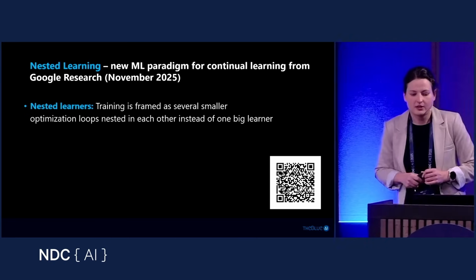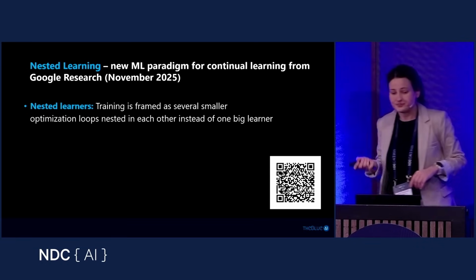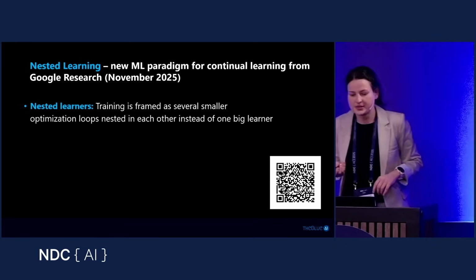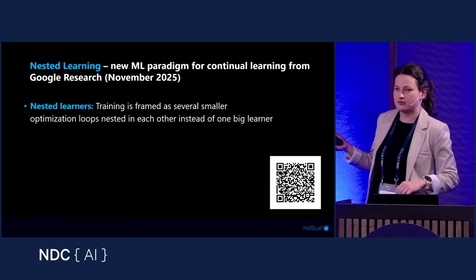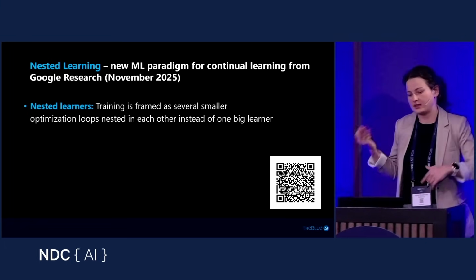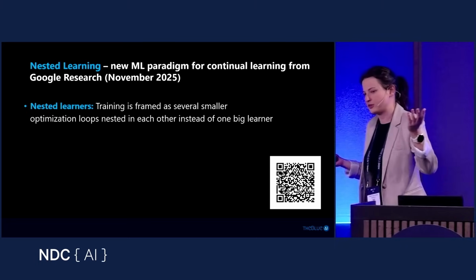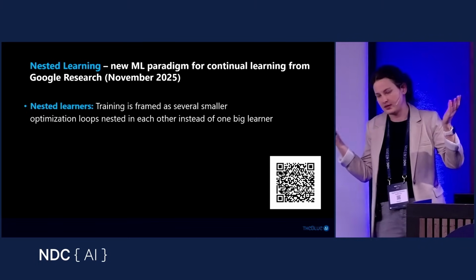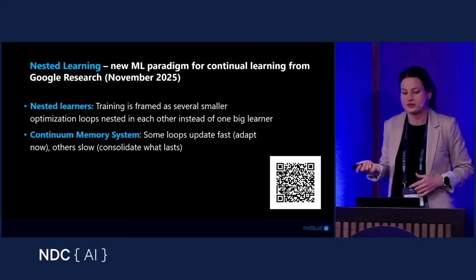The idea is that instead of having one big learner for machine learning problems, we should create a few smaller optimization loops which are nested in each other. The main idea is that we shouldn't treat the architecture and the optimizers for the training as two separate things, but they should be treated as one and optimized together.